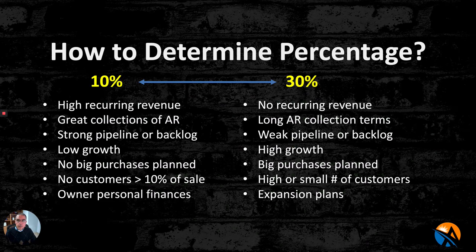And so what you do is you look at it and say, am I at 10%, 30%, or somewhere probably in between, and select that percentage. You can always change that as things change in your business. But as you can see, with this method you set it and then you think about it later, but you're not constantly having to look at it and change it as you do in Profit First.